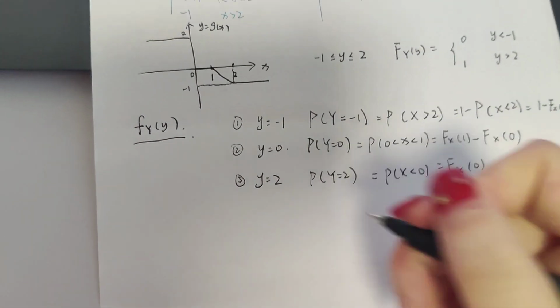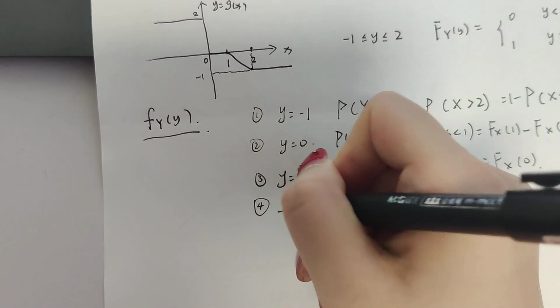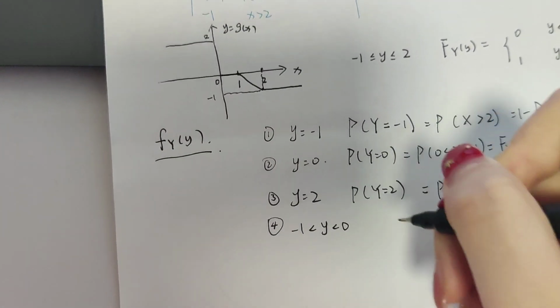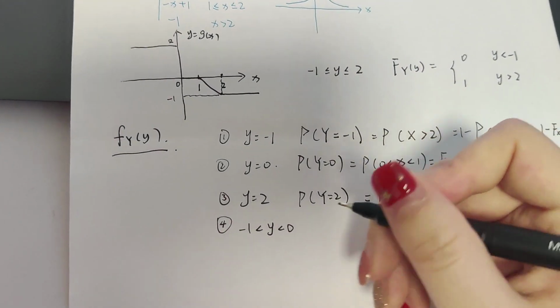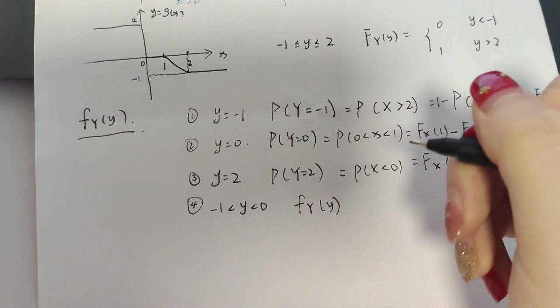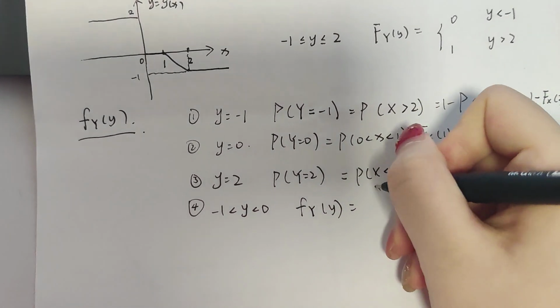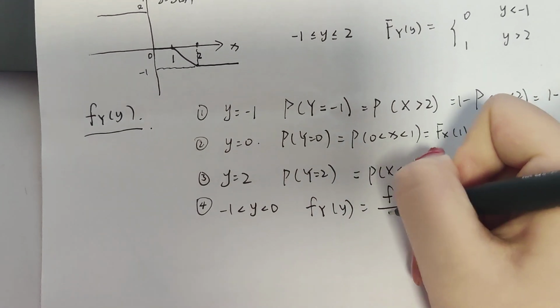And we want to find the condition for y from minus 1 to 0. We know that the density function f_Y(y) equals the density function f_X evaluated here.